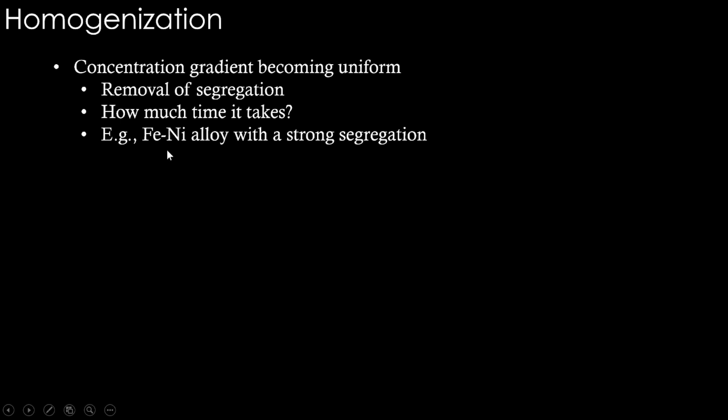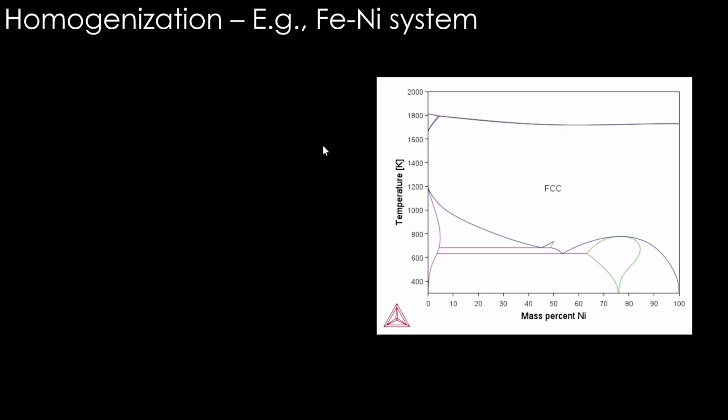Then we will see an example of iron nickel alloy with a strong segregation. For the example purpose, we will take a slightly exaggerated version of segregation. Let's see that. Okay, this is the iron nickel phase diagram for iron nickel alloy.